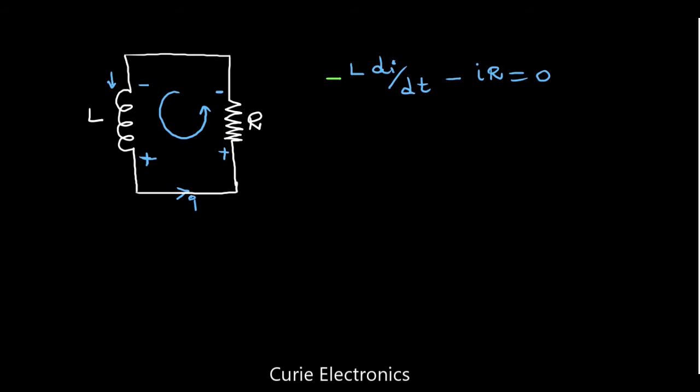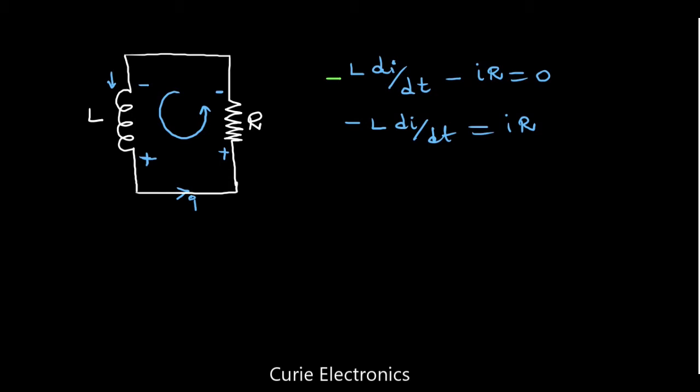Now we can simplify this equation and get the decay of current equation of inductor. Now we have to rearrange. So minus L di by dt equals I multiplied by R. This minus and L we will take to the right side.